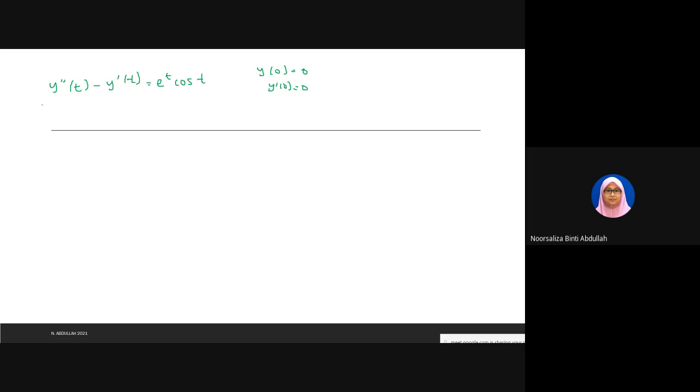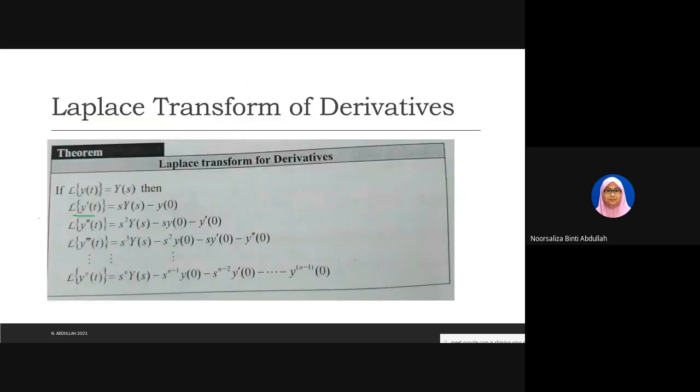So you find the Laplace for y double prime(t), and then the Laplace for y prime(t), equals to the Laplace for exponent t cos t. So Laplace for y double prime, if you look here, is s square Y(s) minus s y(0) minus y prime(0).